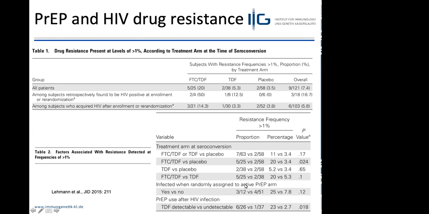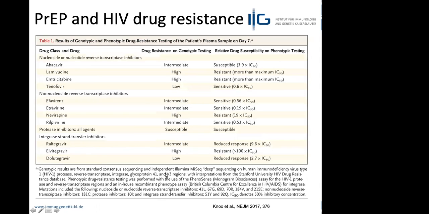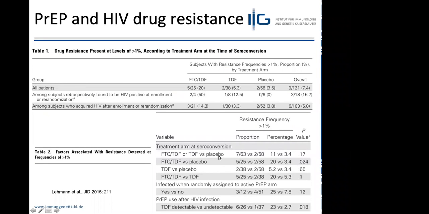And you do see that there's also the issue of acute infection, but PrEP is really effective, and we have learned this in several studies. But adherence is, at least in some patients, an issue. And if adherence is an issue, PrEP might be the reason for selecting HIV drug resistance, at least in some patients.